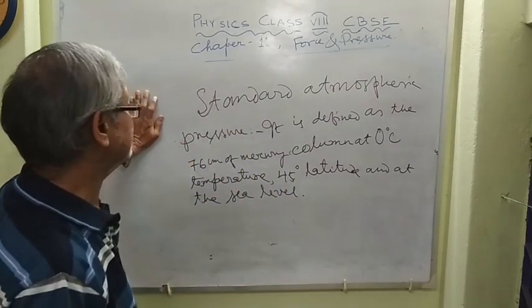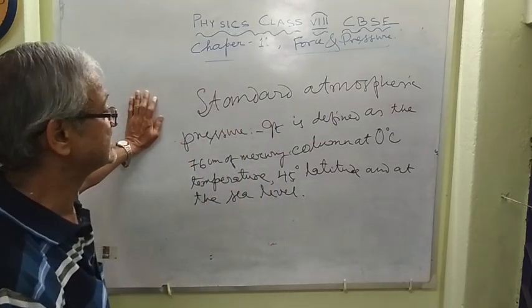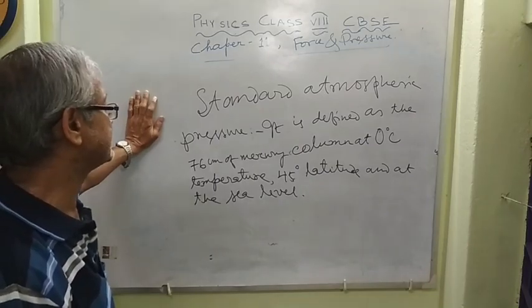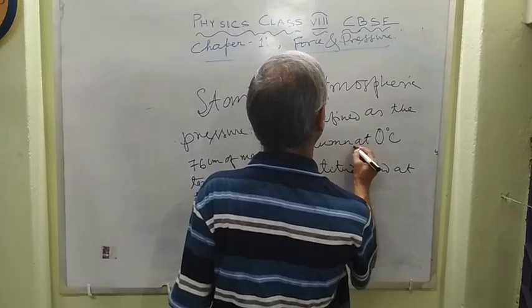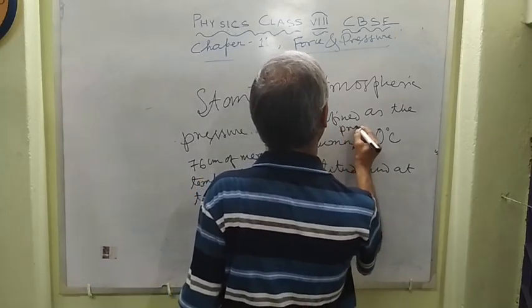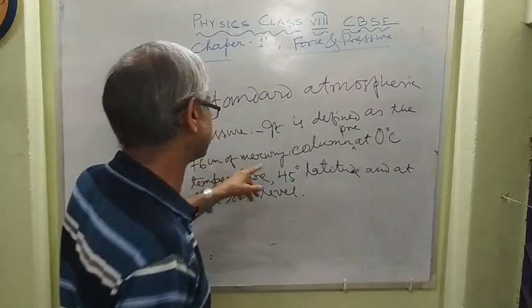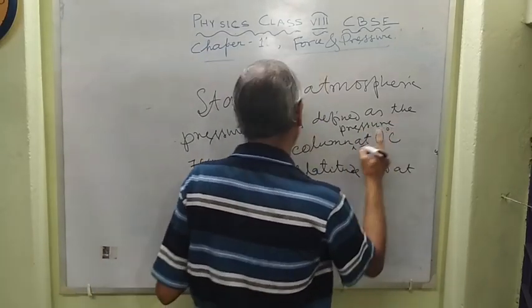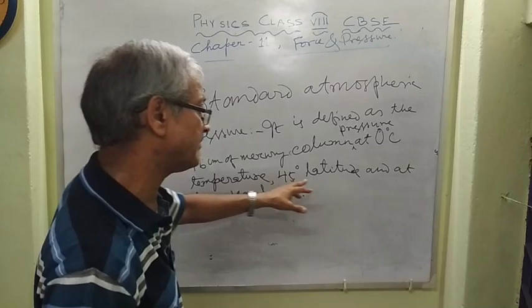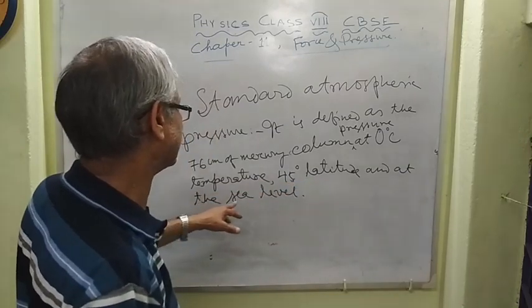That is, standard atmospheric pressure is the pressure exerted by a 76 centimeter mercury column at 0 degree Celsius temperature, 45 degree latitude, and at the sea level.